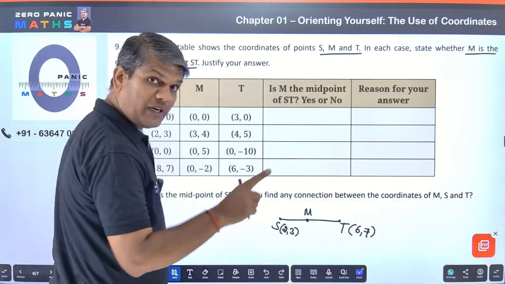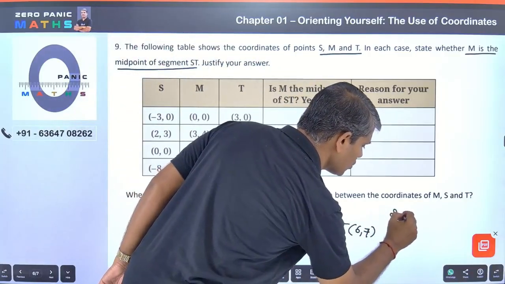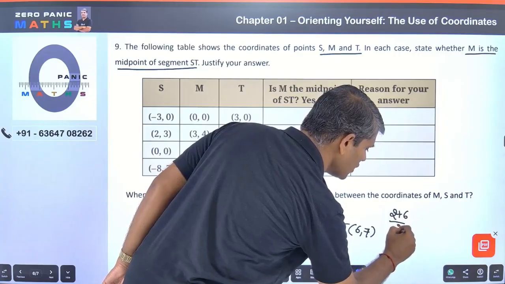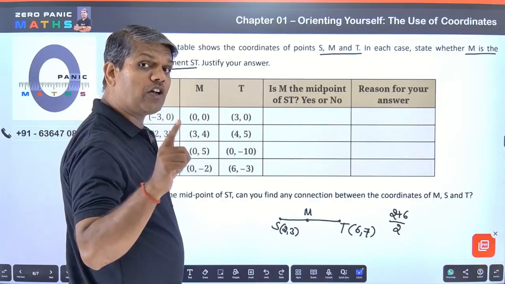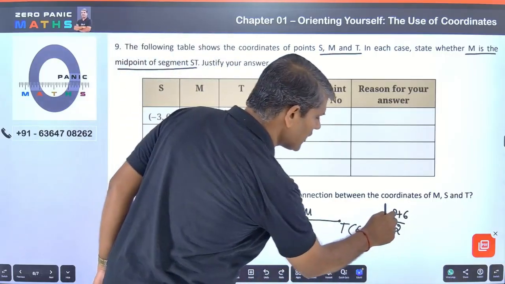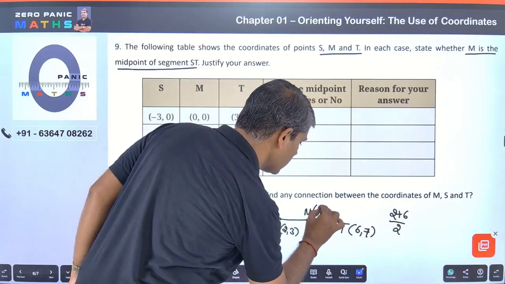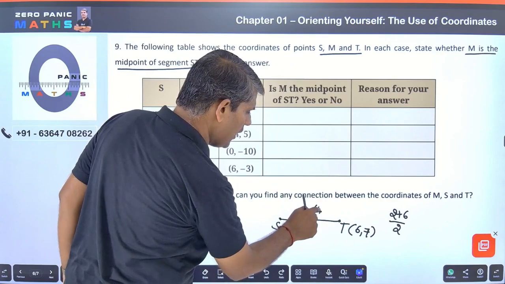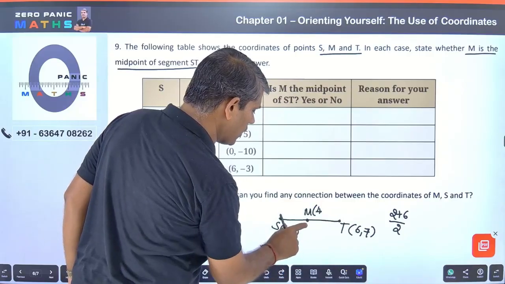It is 2 plus 6 divided by 2, which gives the midpoint of the x coordinate. 2 plus 6 is 8 by 2, which is 4. You see that? 2, 4, 6. 4 is exactly the midpoint of 2 and 6.